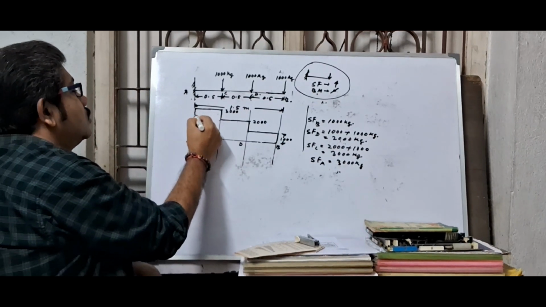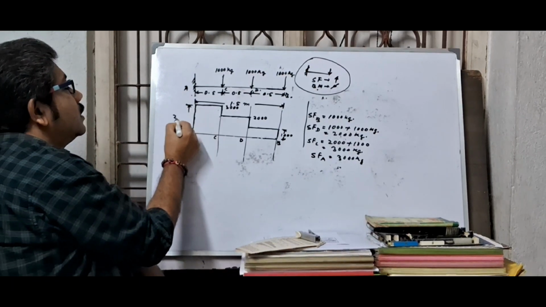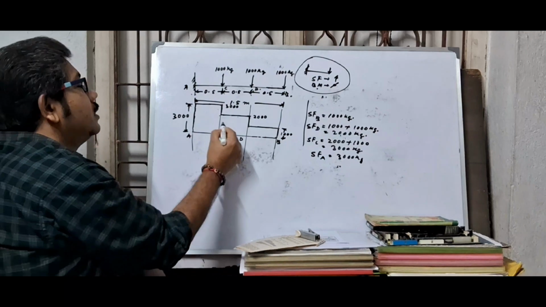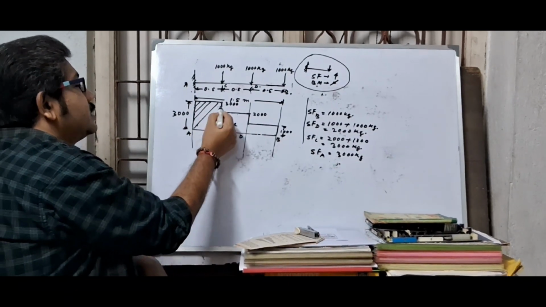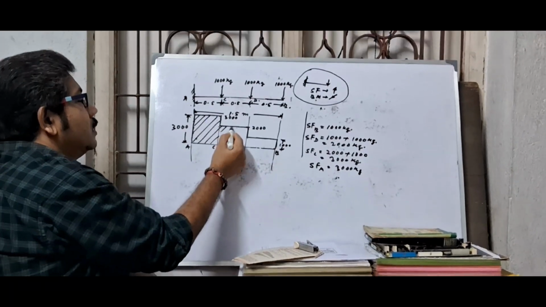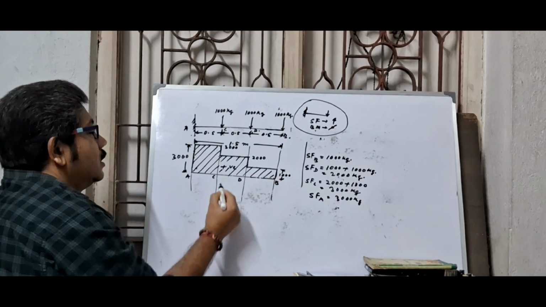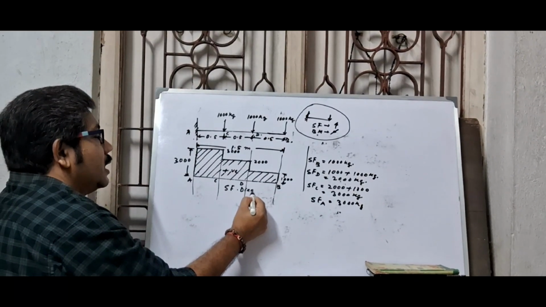So at the fixed end, this is 3000, positive, and this is the section line. Here this is the shear force diagram.